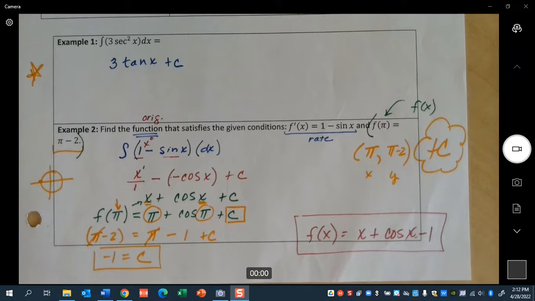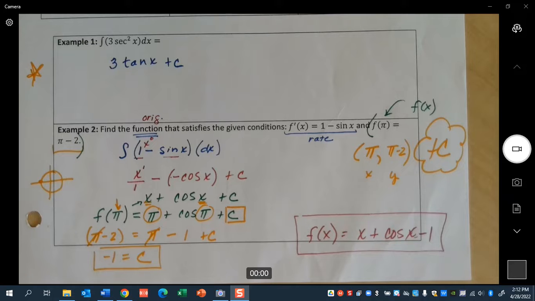So when I do this, now I've got my original function, f of x, and I know one ordered pair. I know that when pi goes in, pi minus 2 comes out. Here's my input, there's my output, here's my x, here's my y. When I integrate this, I get this phrase.